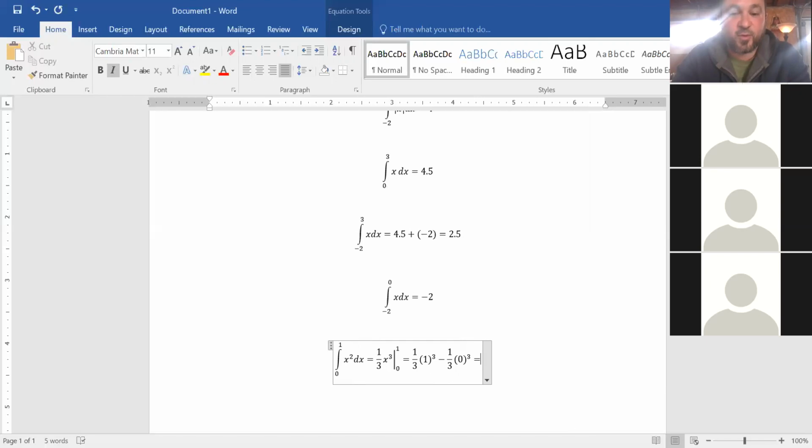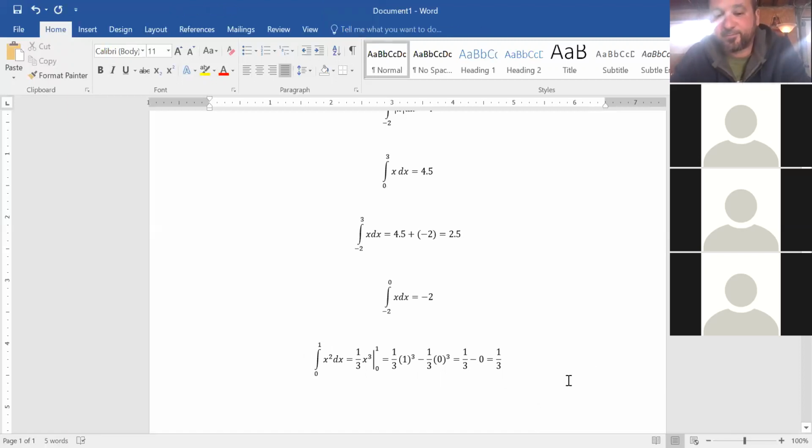So that's equal to 1/3 minus 0, which is equal to 1/3. The area, the signed area underneath x squared from 0 to 1 is 1/3. That's what this all means.